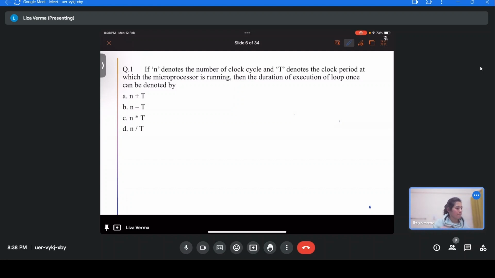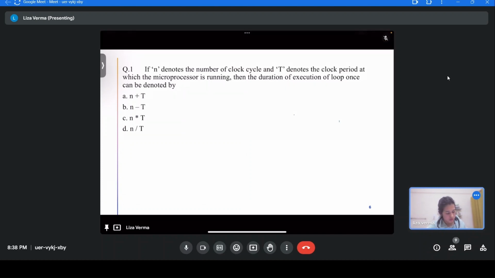N into T. Everybody agrees, right? N into T. All right. What will be the contents of the accumulator after execution of the following instructions?